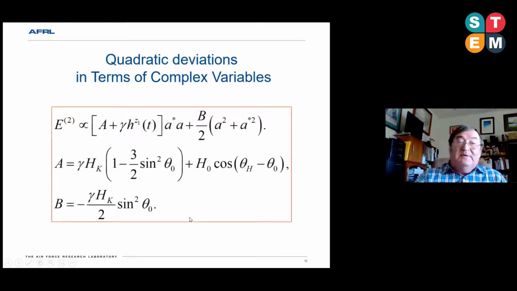In terms of quadratic deviations, the quadratic part of the energy looks like the energy of a harmonic oscillator with some parameters, and we just modulate the diagonal part.